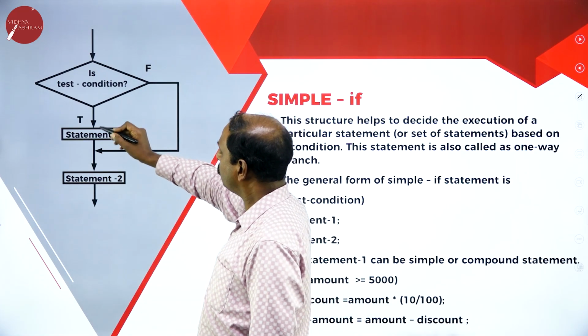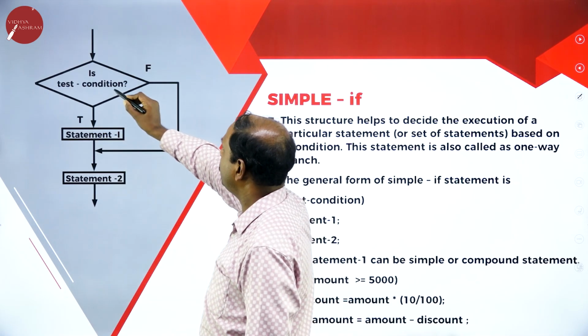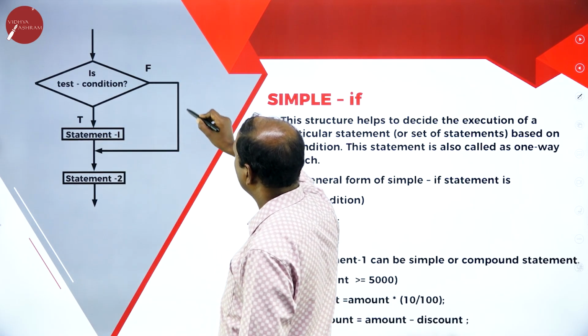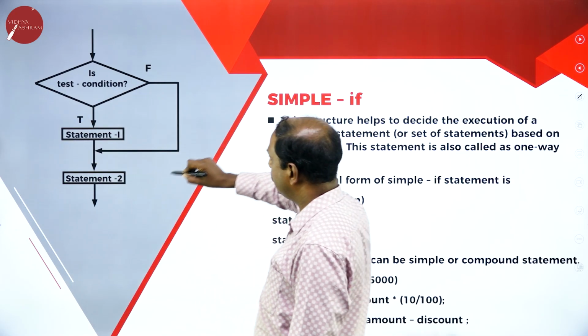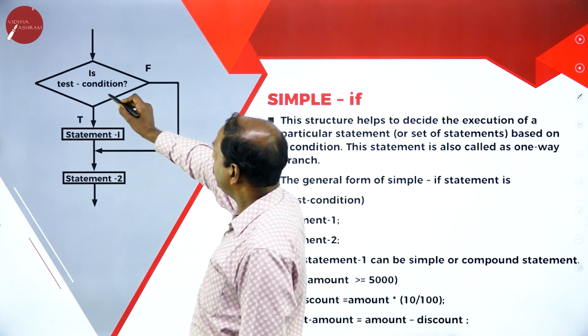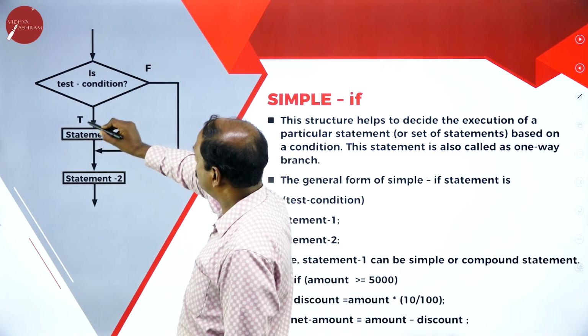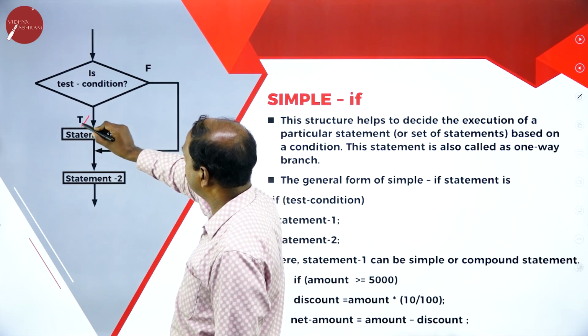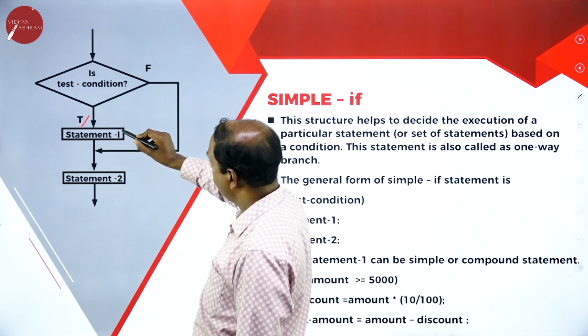Suppose if it is true, he can execute a set of statements, and if it is false, he can execute another set of statements. So in this example, this is the given condition, and if the condition is true, it executes statement number 1.